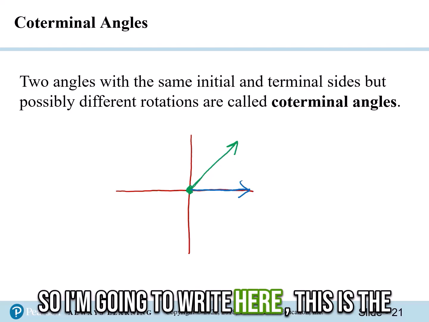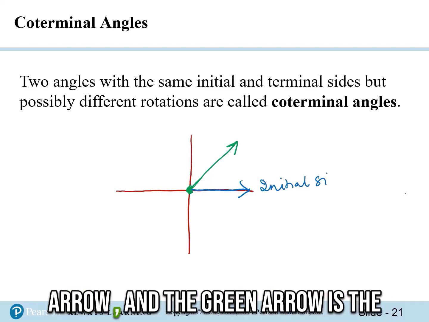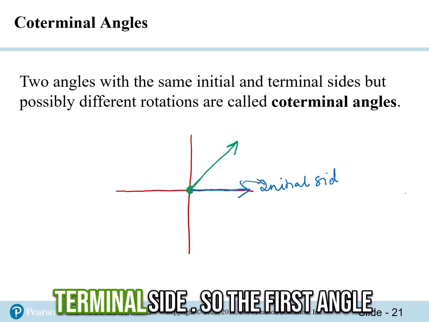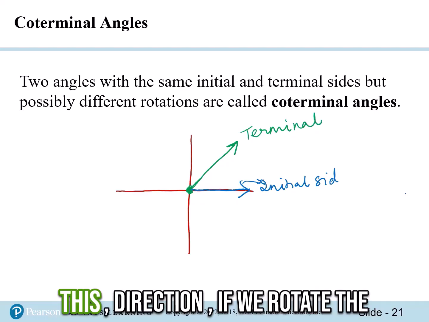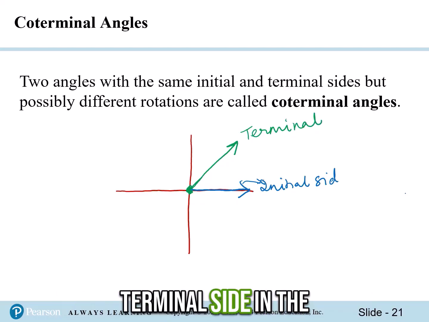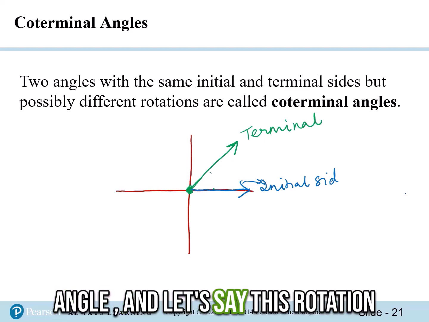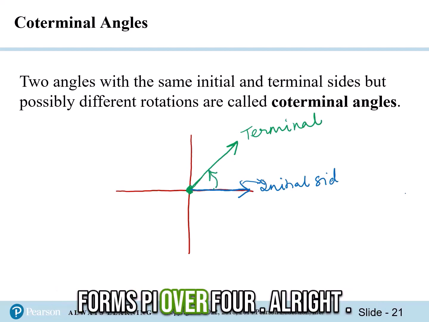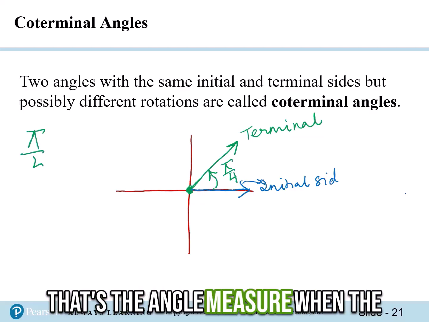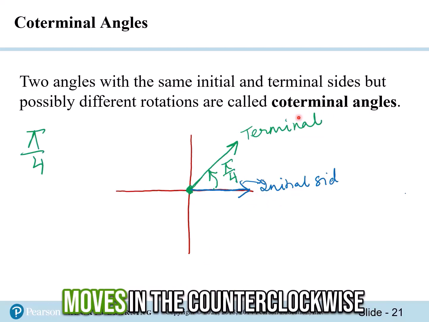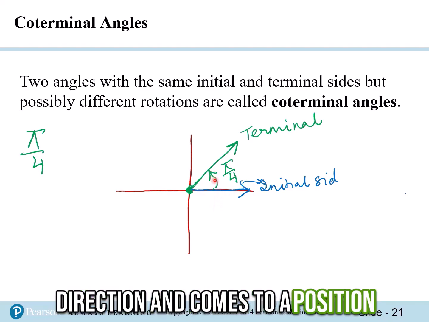All right, so I'm going to write here, this is the initial side of the angle, this blue arrow, and the green arrow is the terminal side. So the first angle that we can see is, let's say, this direction. If we rotate the terminal side in the counterclockwise direction, it will form a positive angle, and let's say this rotation forms pi over 4 radians. So pi over 4, let's say that's the angle measure when the terminal side moves in the counterclockwise direction and comes to a position here.